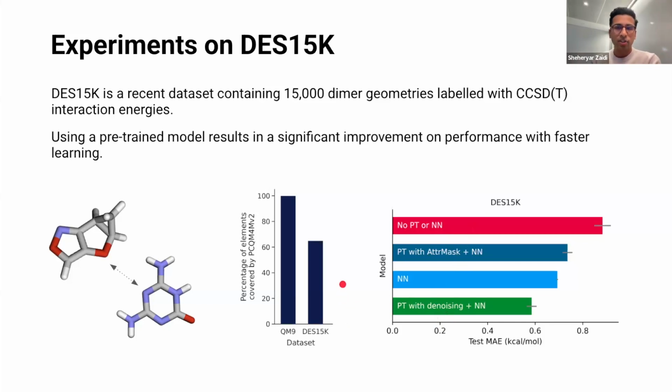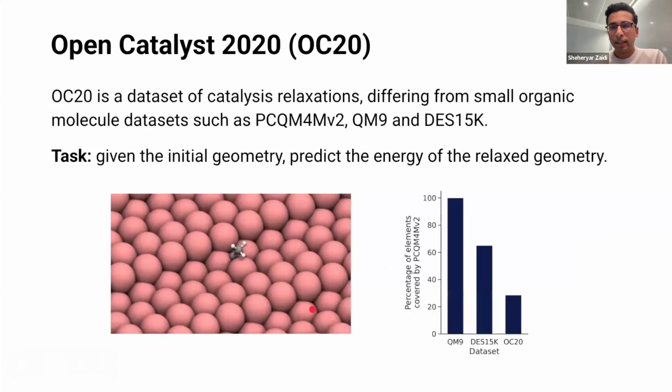In this case, we actually have even less overlap between PCQ and DES15K, so there is more of a distributional shift between the upstream and downstream data sets. Then moving on to OpenCatalyst 2020, this is a data set that's even more different from PCQ, in the sense that here you have catalysis relaxations happening, not small organic molecules like in the earlier data sets.